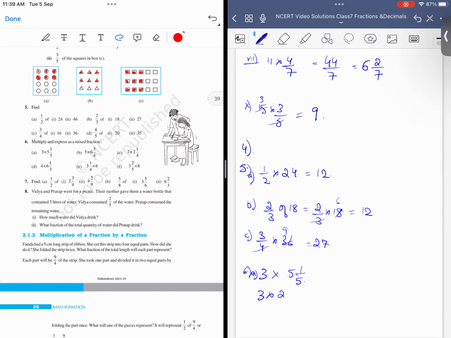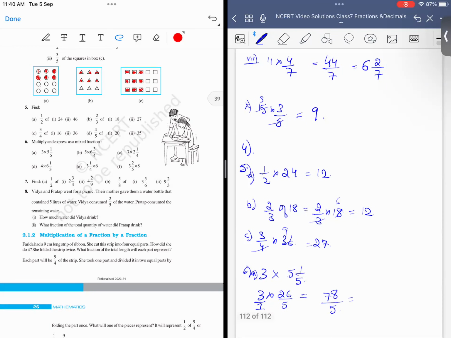That becomes what? 26 upon 5. The 26 into 3, we multiply it, because in multiplication of two fractions, numerator to numerator and denominator to denominator multiplication happens. Because I can write 3 as 3 upon 1. Okay. So 26 into 3 is 78 upon 5.